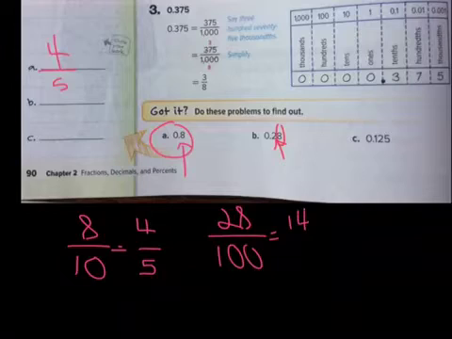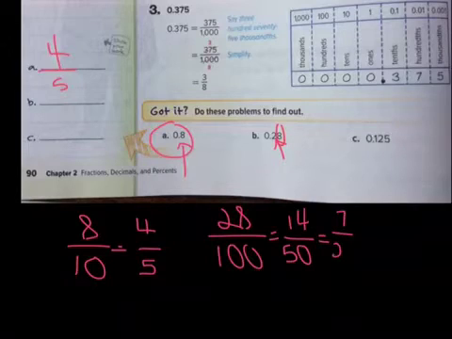So I get 14 over 50 if I divide them both by 2, and then I can also get 7 over 25. I can stop there because there's no other common factor. The only common factor is 1. So it would be 7/25. So we write it right here, 7/25.